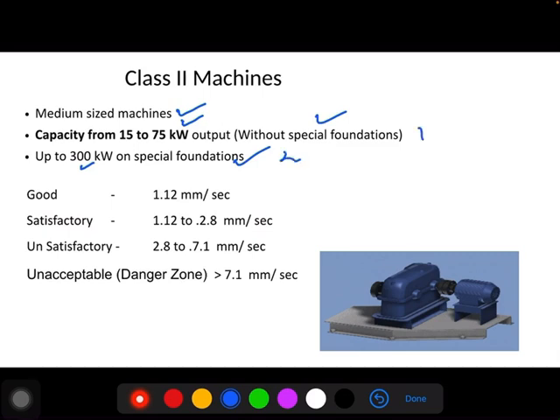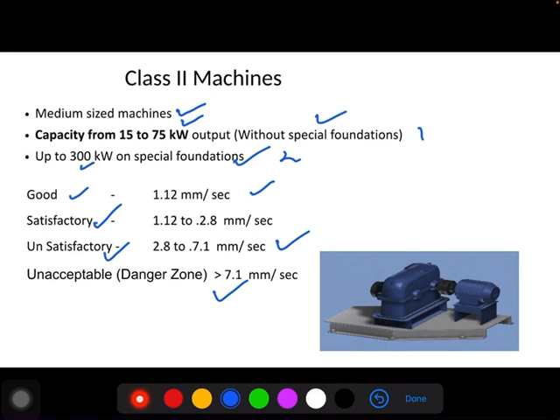In this case, up to 1.12 mm per second is considered good, 1.12 to 2.8 is satisfactory, 2.8 to 7.1 is unsatisfactory, and above 7.1 is treated as the danger zone. You should not run the machine above 7.1 mm per second.